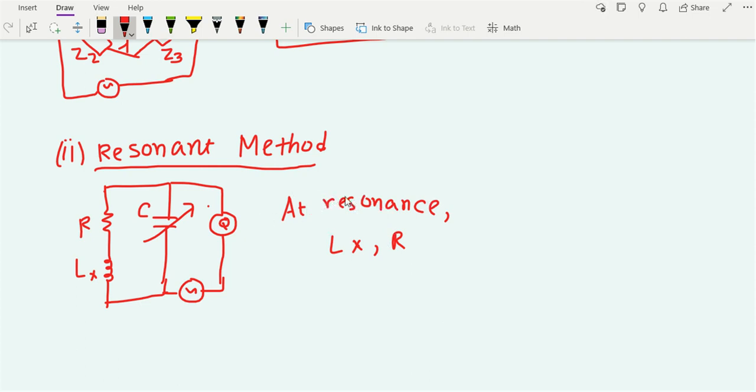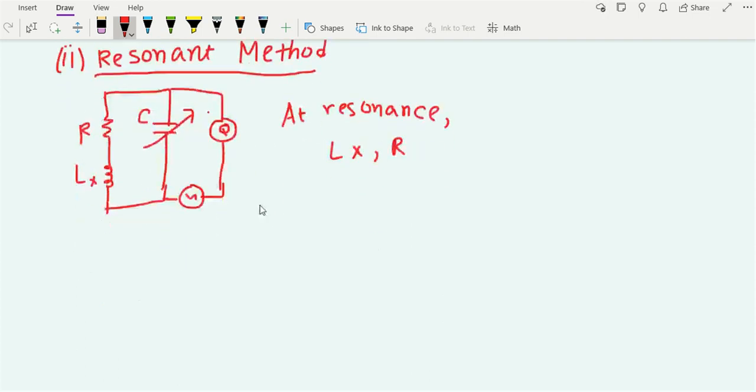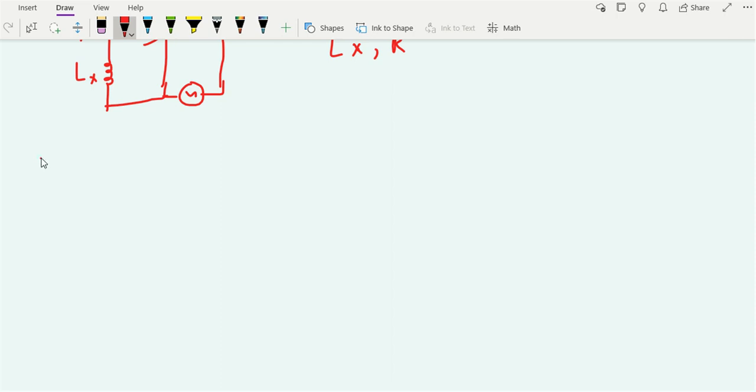Okay, now let's go to the third measurement process. This is also a very simple measurement process. It is called the IV method.